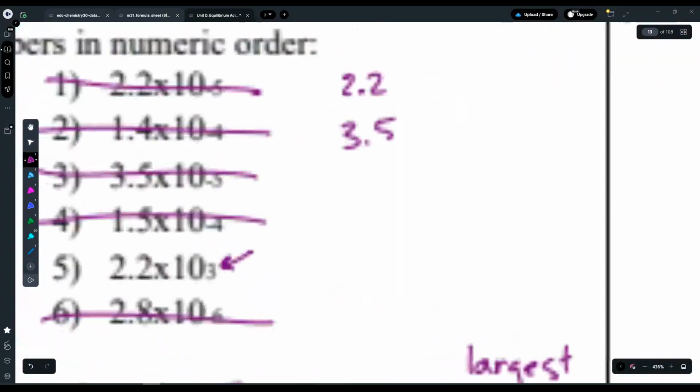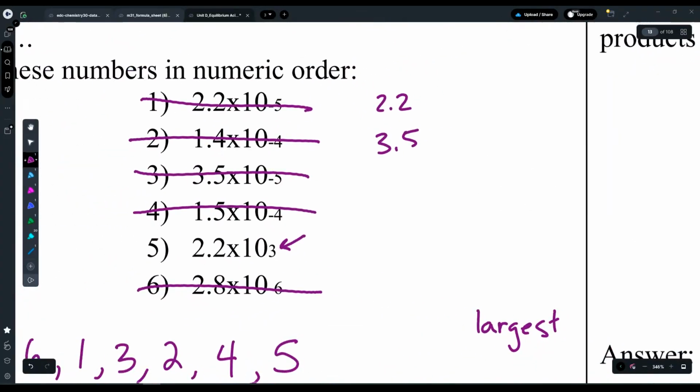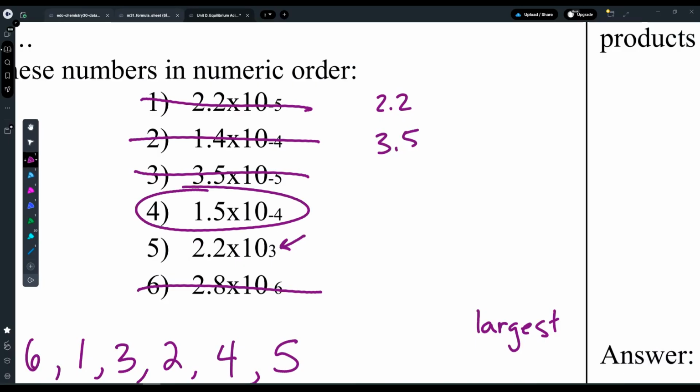Just as a reminder here, with any number with a negative exponent you're moving the decimal to the left to go from scientific notation to the normal way to write the number. For example, let's say I was writing this out as a normal number. The exponent is telling me that I'm moving my decimal from here 4 spots to the left.